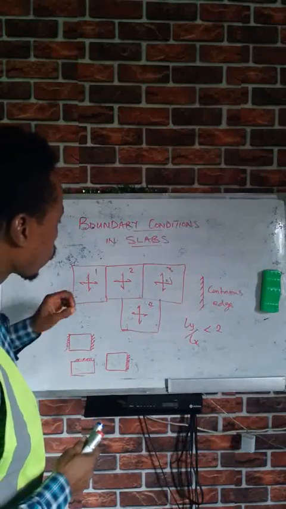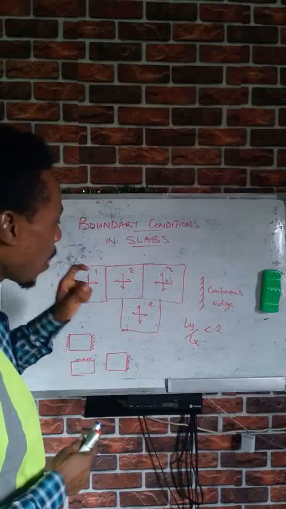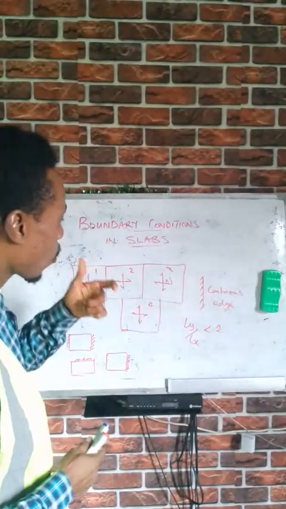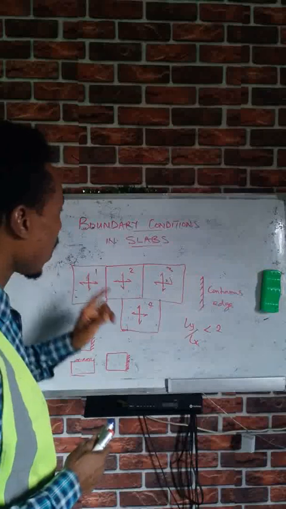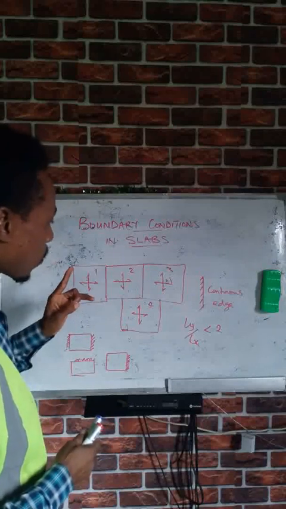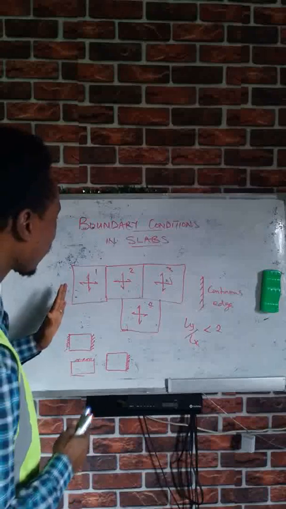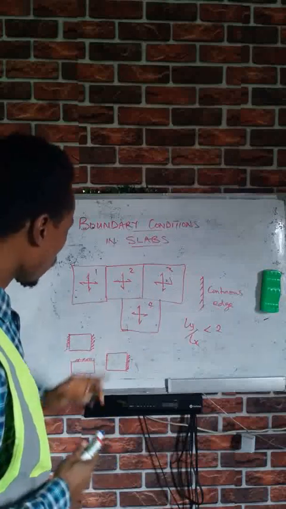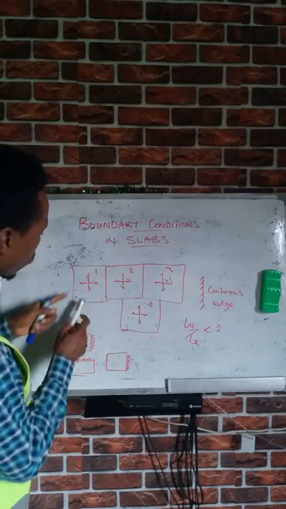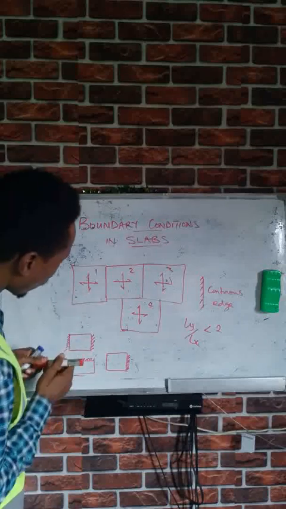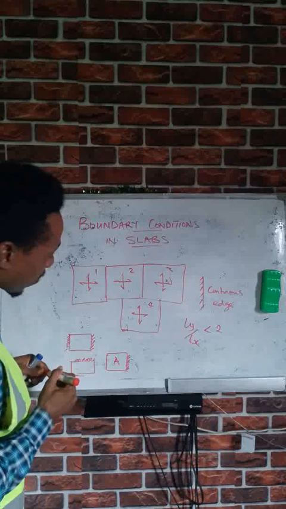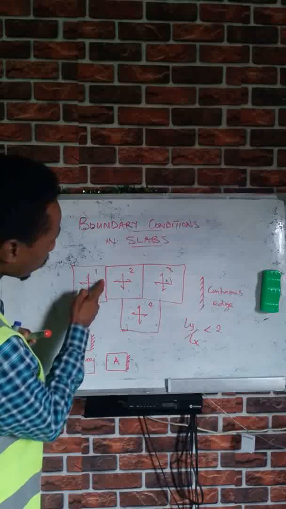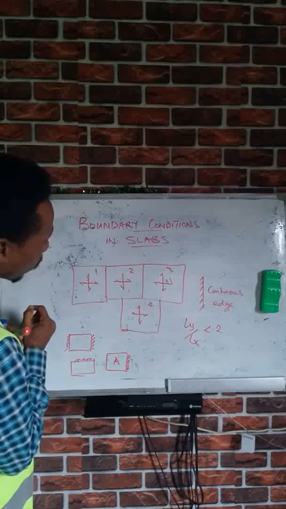For us to be able to obtain our moment values, for positive and negative moments, from the coefficient table, we must understand the boundary conditions of our slab panels. In this case, we have panel 1, panel 2, panel 3, panel 4. You have to look at their boundary conditions. Panel 1 satisfies this criterion: it is continuous at this edge and free at the other edge.